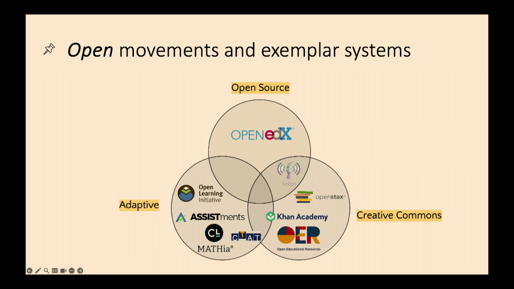Now, I just referred to open source, but there's different notions of open. There's different movements that use the word open in education. There's been massive open online courses, and they all mean something different by the open. Open there meant free access, and you have to pay a little bit if you want a certificate.